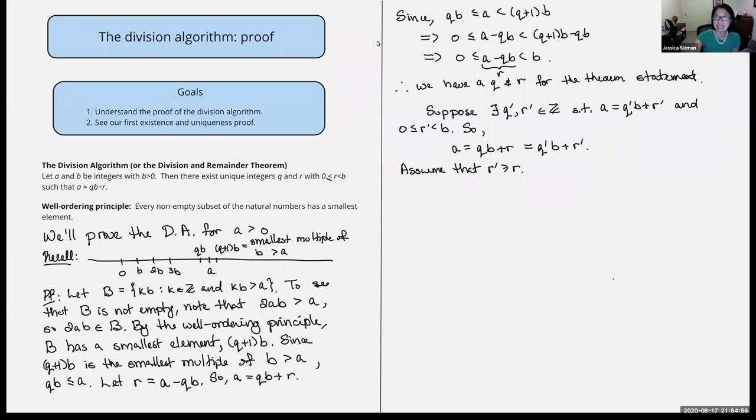And I'm going to take that equation, that QB plus R equals Q prime B plus R prime, and I'm going to put the B's on one side and the R's on the other, all right? So what do I mean by that?